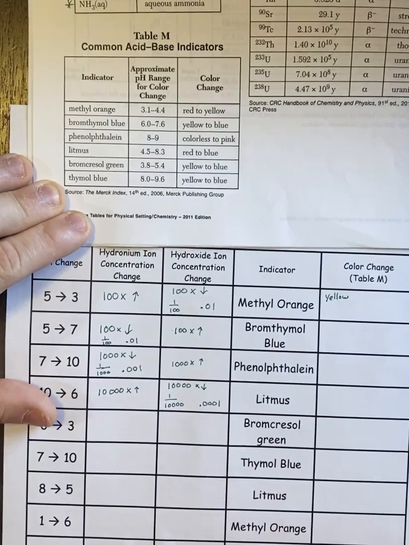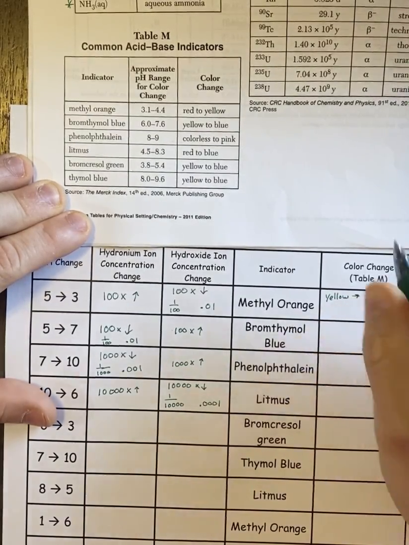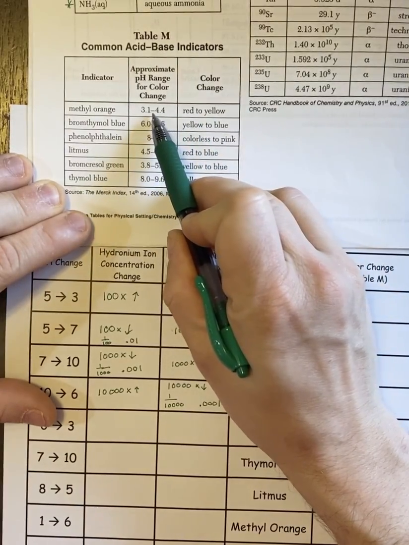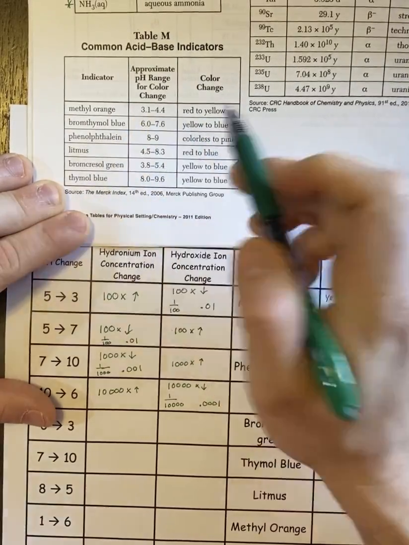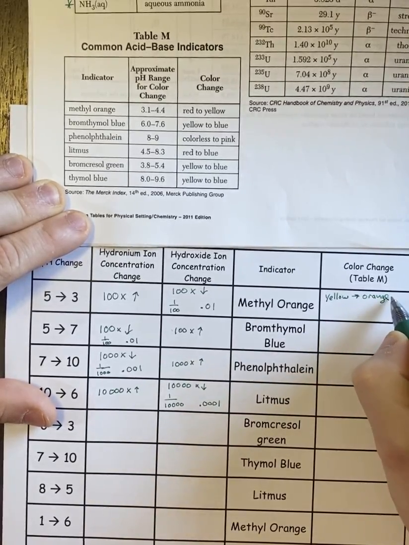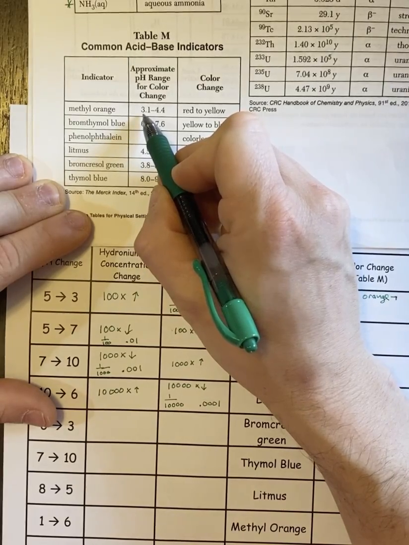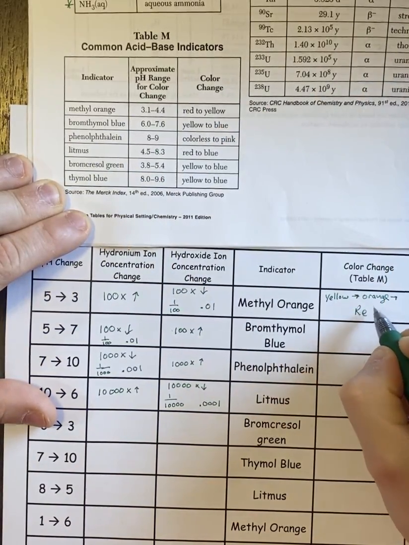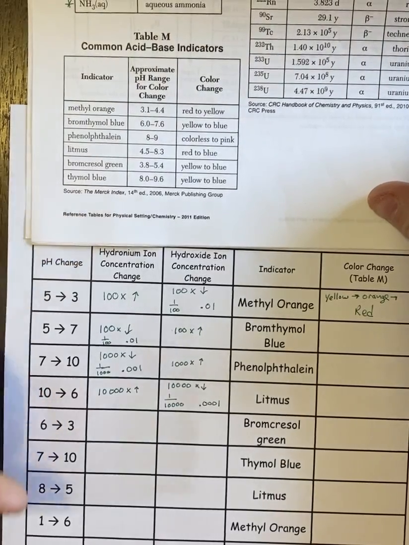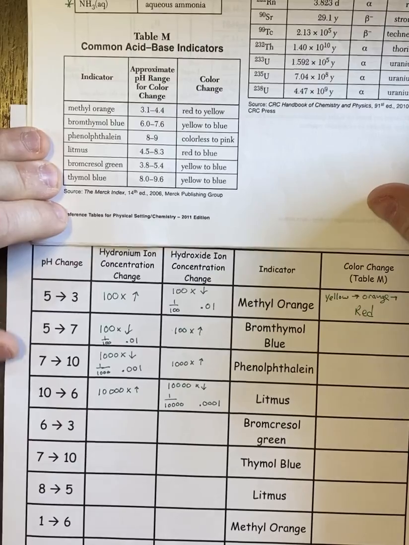And then as the pH goes from 5 slowly down to 3, if you notice, it will pass through the middle, 3.1 to 4.4. It will turn orange. And then eventually end up at 3.0, which is below 3.1, red.